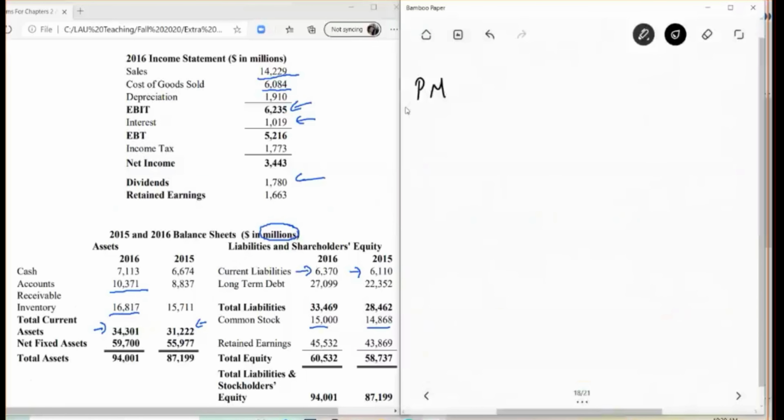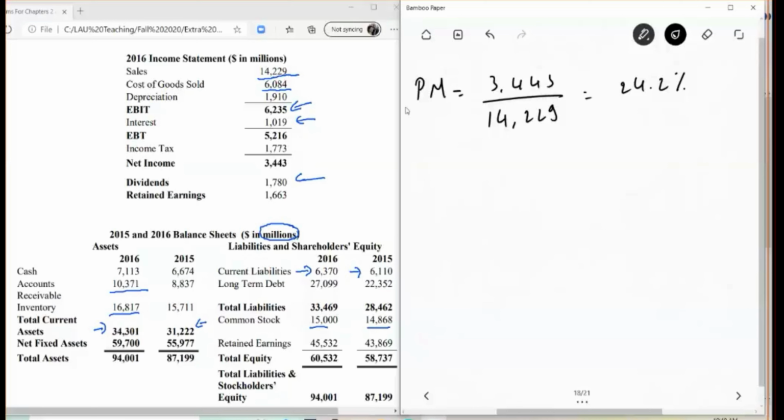The profit margin equals net income divided by sales, 14,229. The answer is 24.2%. So for every $100 in sales, the corporation is generating $24.2 in net income, and that value is a decent value.